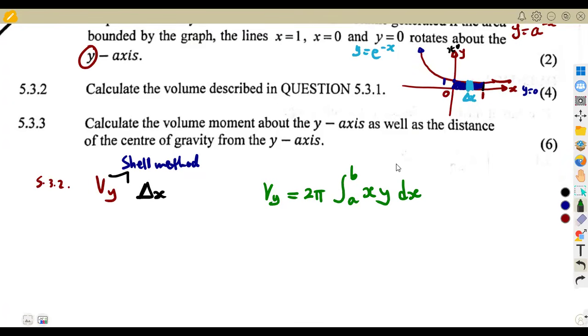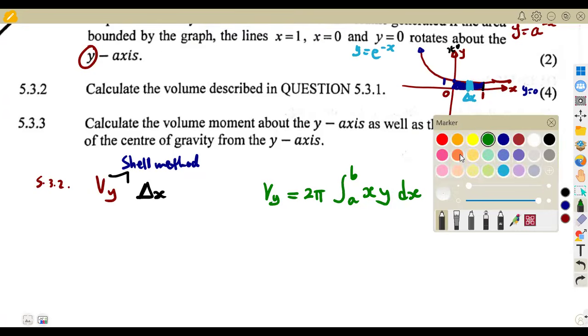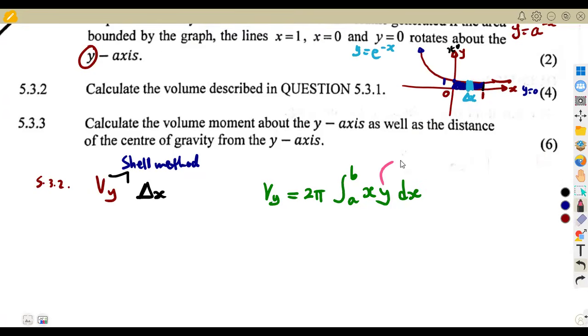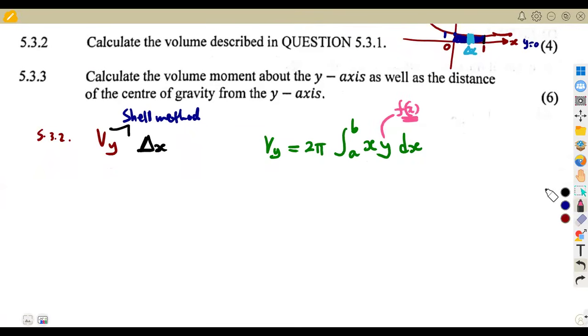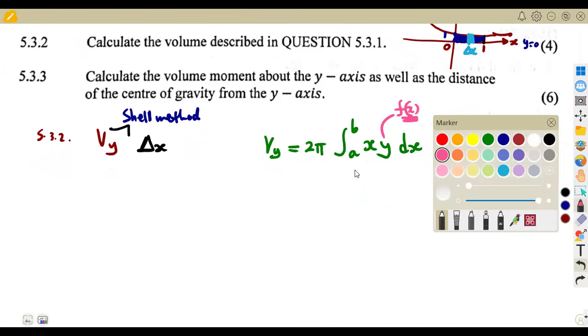The strip for y, we use y. Then this y is for the function, our f of x. So there is no substitute for this x, but there is a substitute for y, which is our f of x. Y is equal to the function of x that we are given as e to the exponent of minus x. So meaning to say, we can be able to calculate our volume.